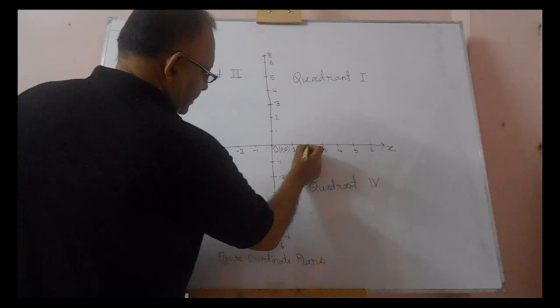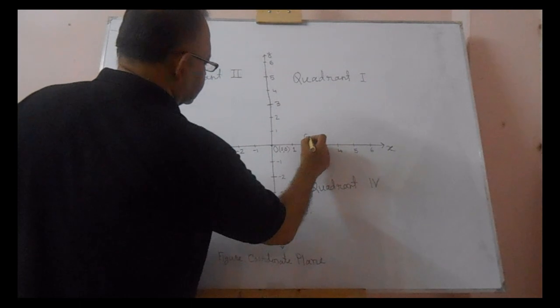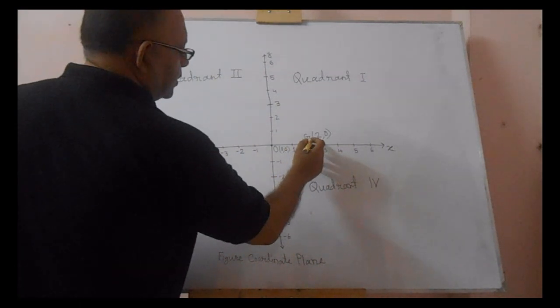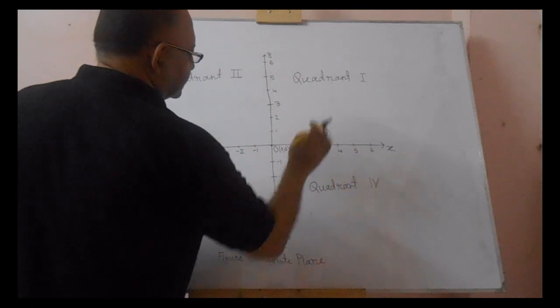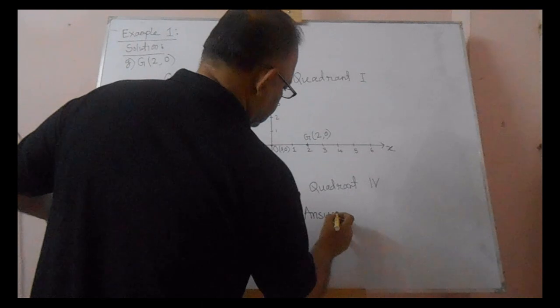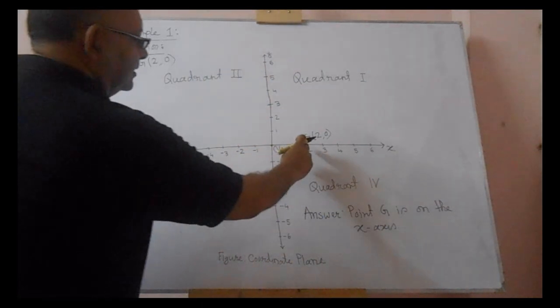So here the y coordinate is 0 in this point. So we can write the answer. Point G is on the x-axis.